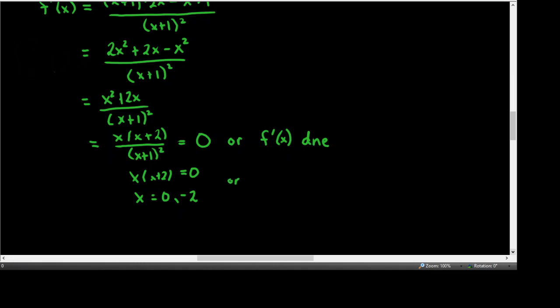Or a fraction will fail to exist if the denominator is 0. If you try to divide by 0, you won't get an answer. So if the denominator equals 0, it will fail to exist.